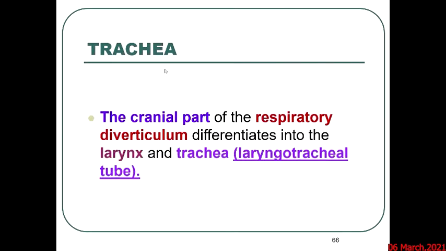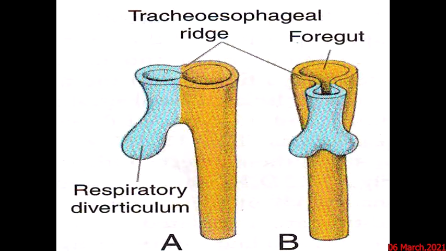So the cranial part of the respiratory diverticulum differentiates into the larynx and trachea. Let's look here. This is the respiratory diverticulum. If we look at this picture, this is the foregut, and this cranial part, like here and here, the whole thing is the respiratory diverticulum, an outpouching of the gut tube. This is the frontal view. So the cranial part differentiates into the larynx and trachea, larynx above, trachea below.